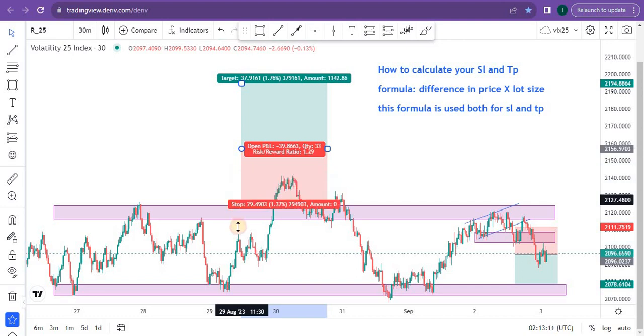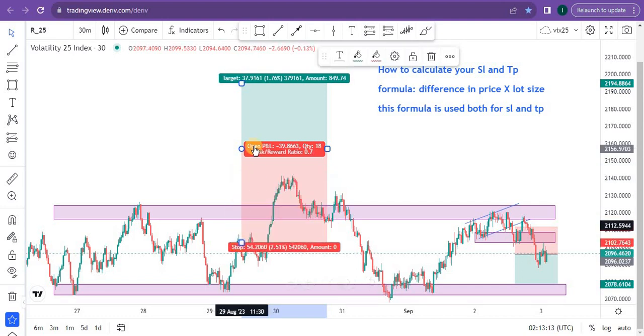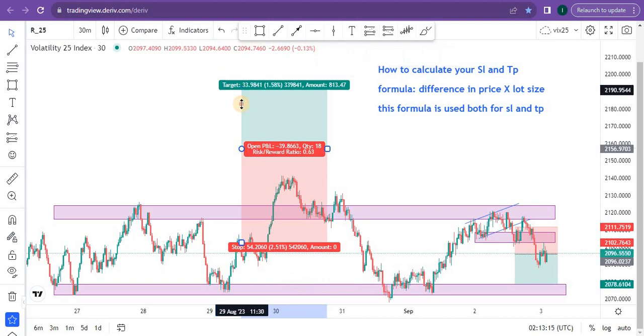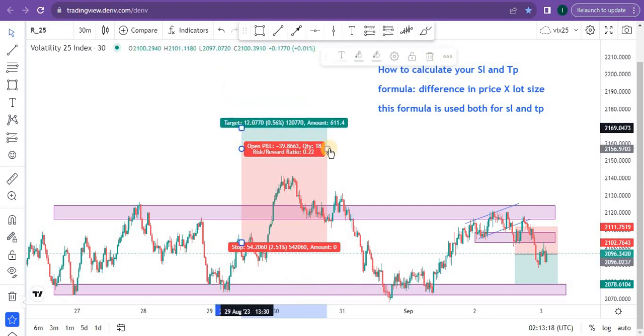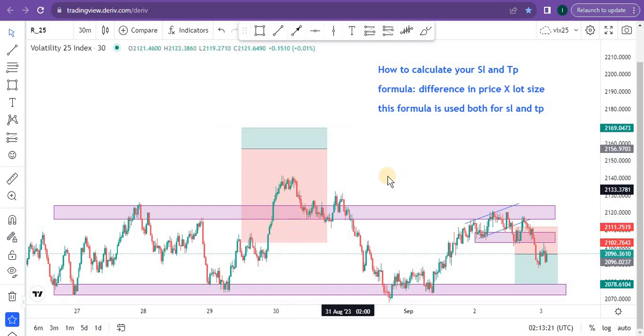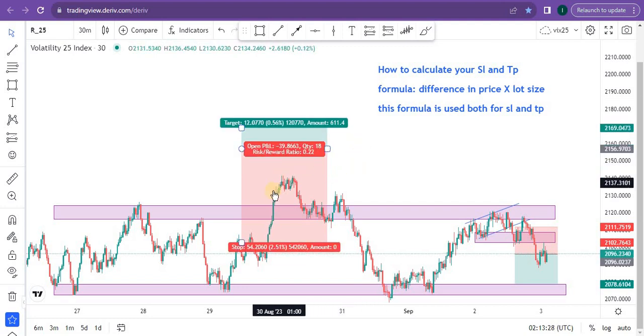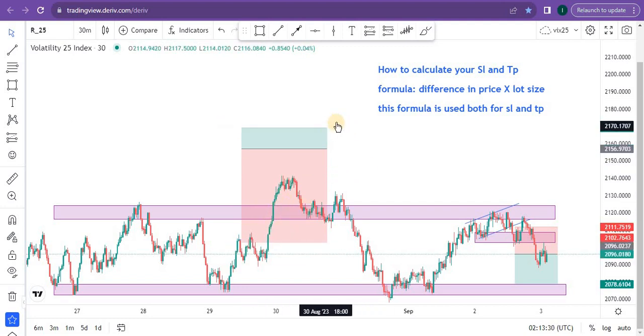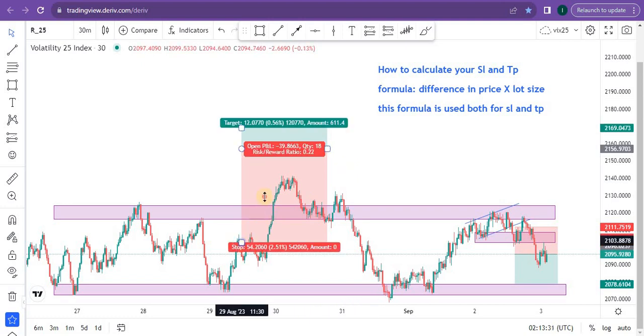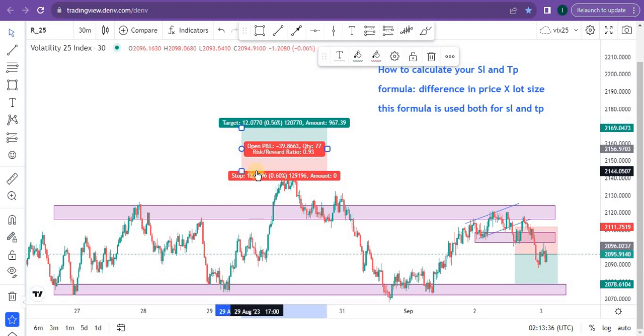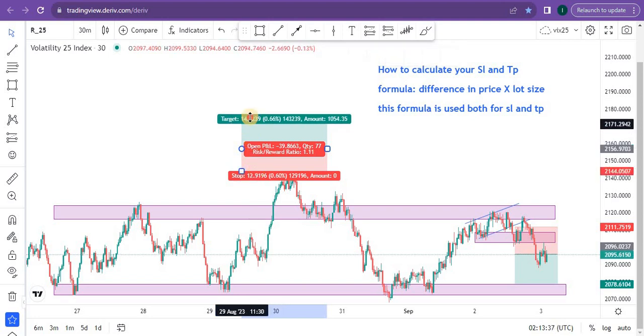It means that you can do something like this, though you can do it, but it is not advisable. Look at it. You can just go ahead and have something like this. Look at the space of your SL. It means that you just want to get this little portion of the market, and you are risking all this just to gain this. It is very bad. So always make sure that your SL price is either at the same level.